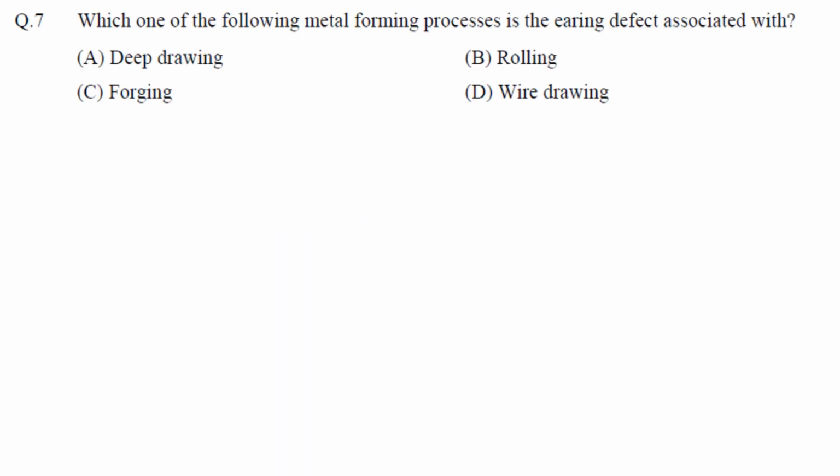Which one of the following metal forming processes is the earring defect associated with? Means among the four processes, which one has got earring defect? We know about the earring defect, right? Earring defect basically tells about the formation of ears when we do deep drawing.